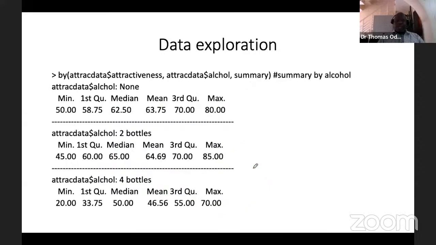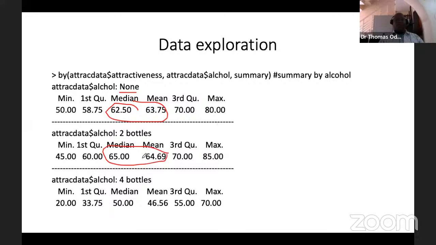Okay. So if we look at it in terms of alcohol, so no alcohol, these are the means and the median. With 2 bottles of beer versus taking no beer, it actually seems to have completely no effect. The means and the medians are actually similar.